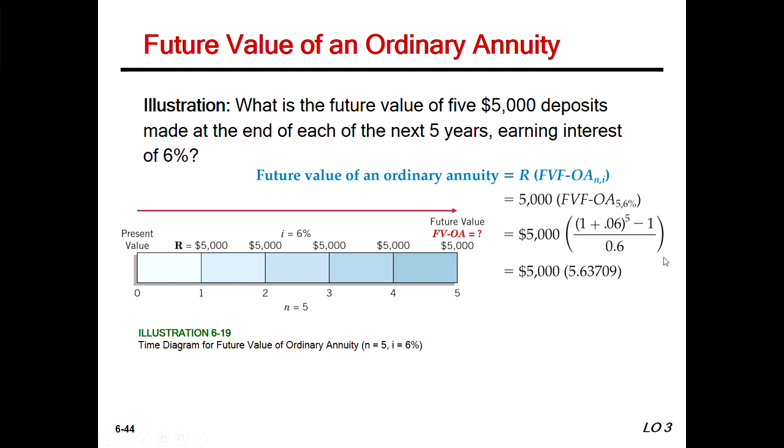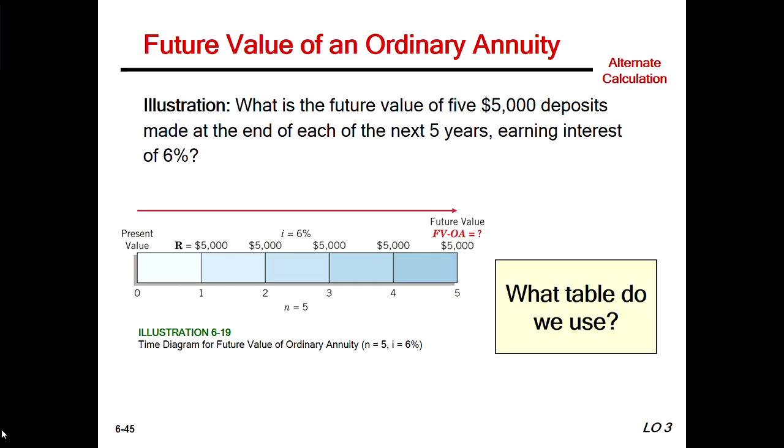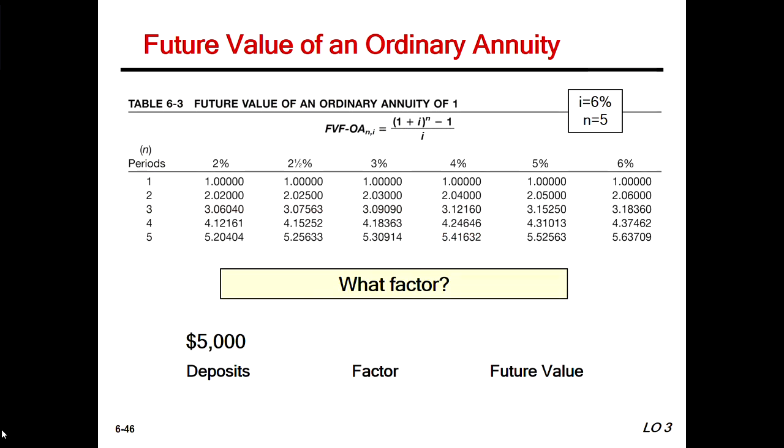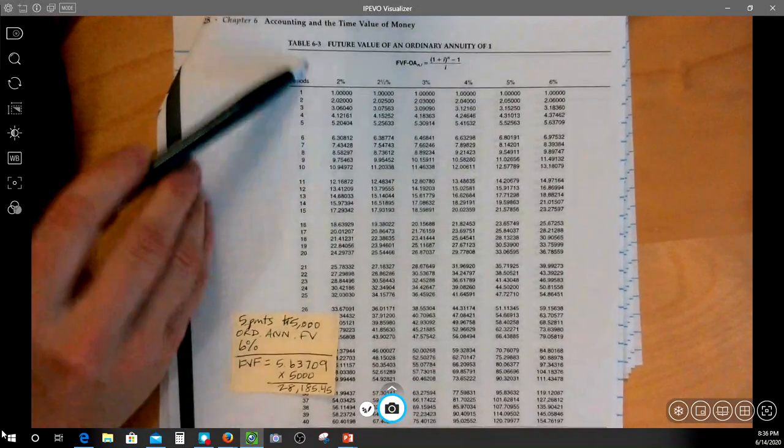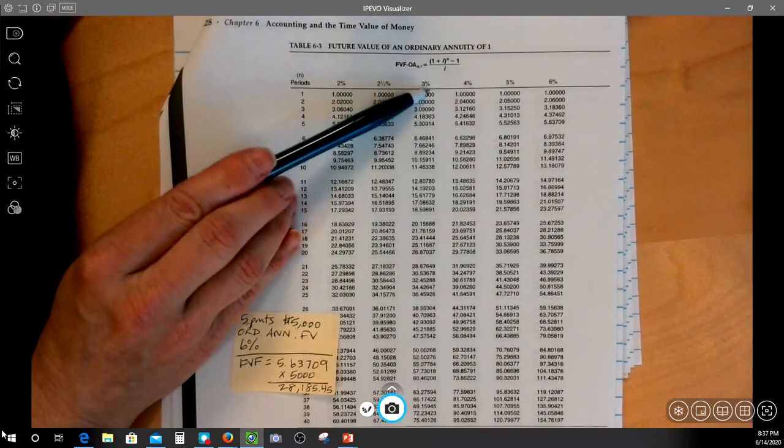So if we look at the slide, they used the equation here to come up with the factor, 5.63709. We used the table to come up with that factor, and 28,185. Using the table, we already saw which table we would use: the future value of an ordinary annuity table, which is right here, 6-3.